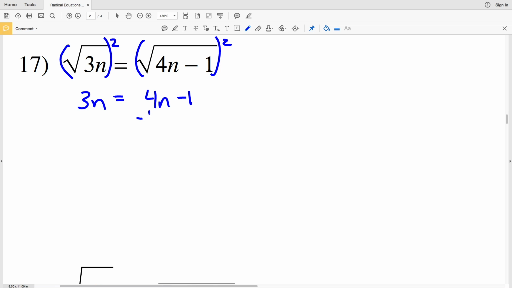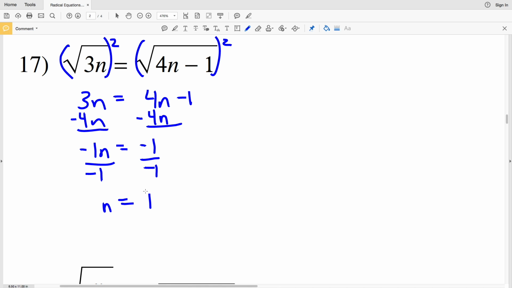Let's do that by moving the 4n over to the other side, so that we can combine the like terms on the left and have whole values left on the right. 3n minus 4n is going to be negative 1n, and that's going to be equal to negative 1. Then when we divide by that negative 1, we get that n is equal to a positive 1. So for number 17, n is a positive 1.